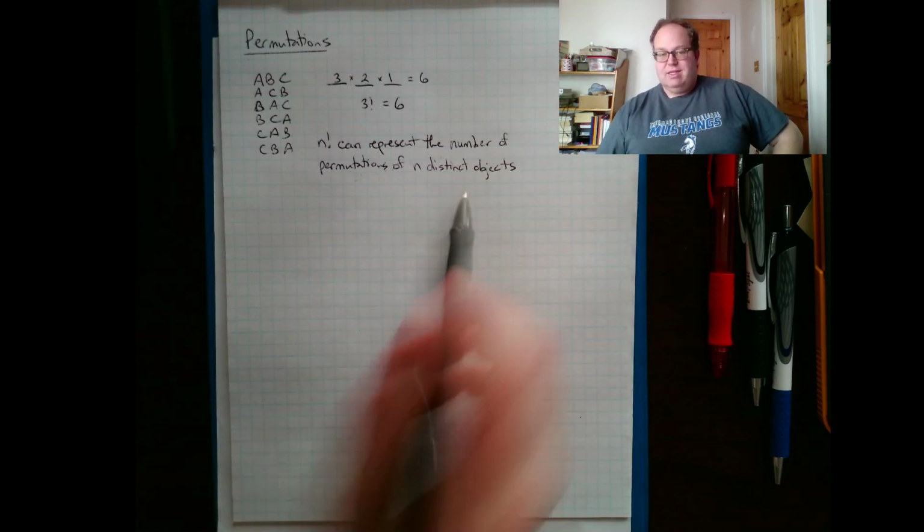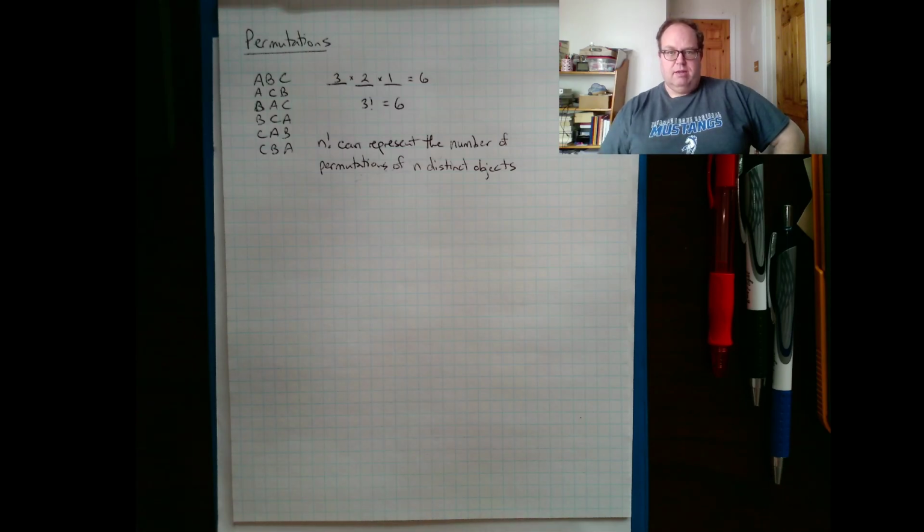If the objects are indistinct, that becomes a little tricky, and we'll talk about that a bit later in this presentation. So, nice short form, n factorial can represent the number of permutations of n distinct objects.